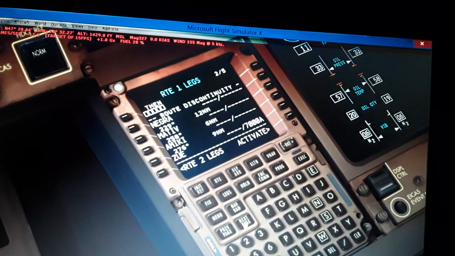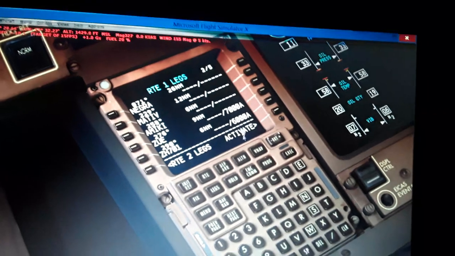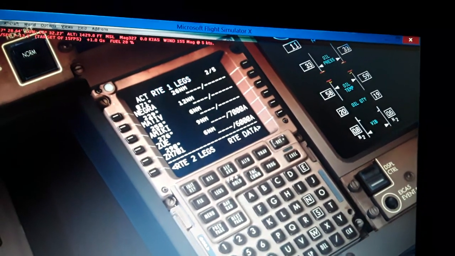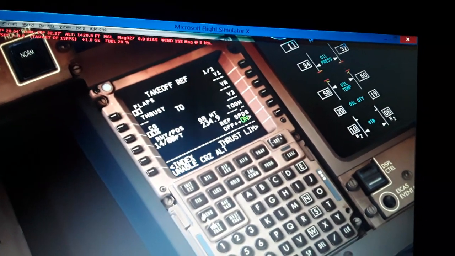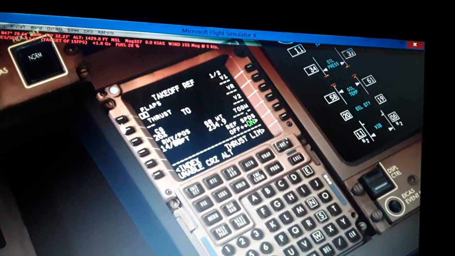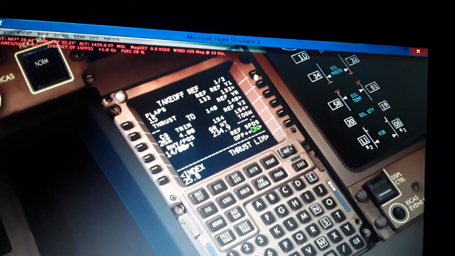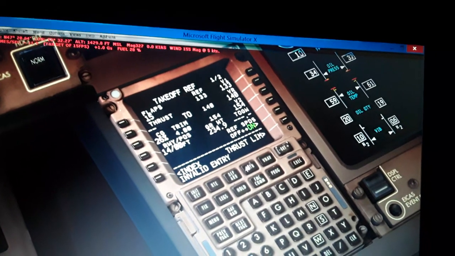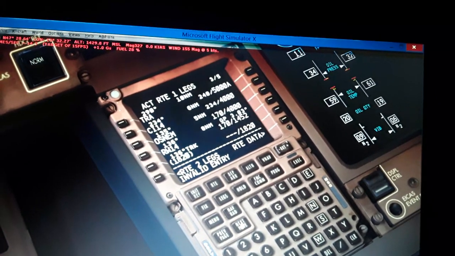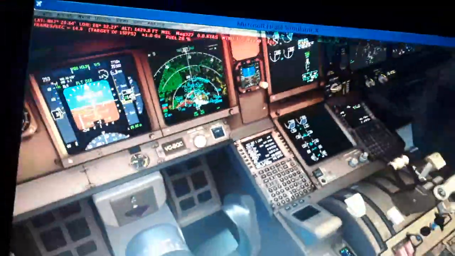So these are the legs we're gonna have to follow. In the GPS, activate and execute, and we're gonna have the takeoff speed, center of gravity, and flaps 50 degrees, center of gravity, and the takeoff speed V1, VR, and V2. So this is the active route and all the data we need for takeoff.